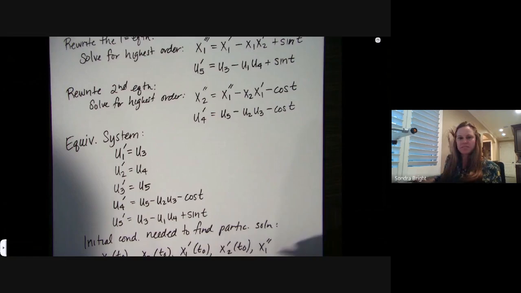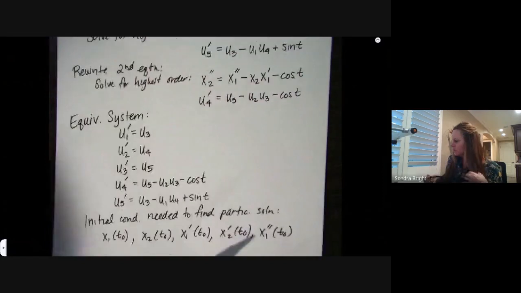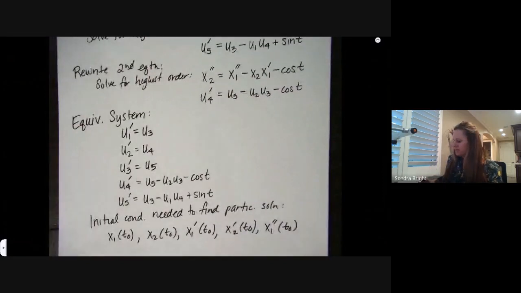It's all of the ones where I let u1 equal x1 and u2 equal x2 and u3, like all of those, and I went through u5 was equal to x1 double prime. Those are the initial conditions that you need in order to solve it.